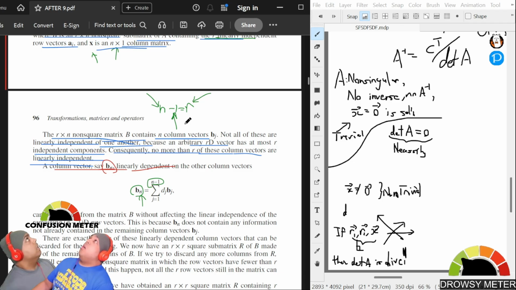So not only does this change, wait, v1, d1, v1, d2, v2, d3, v3.